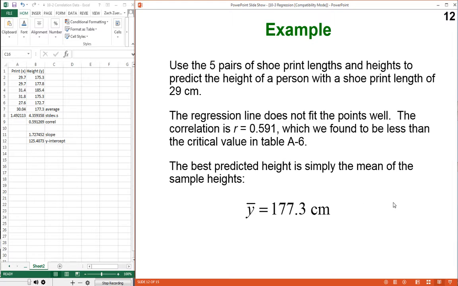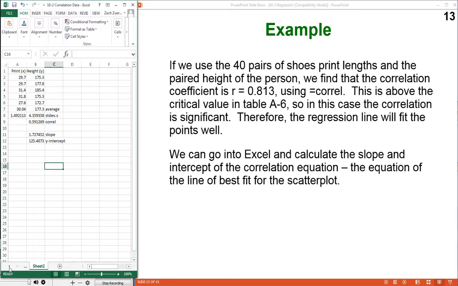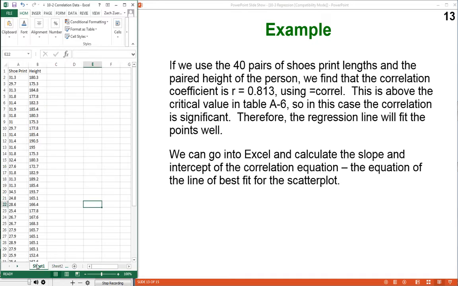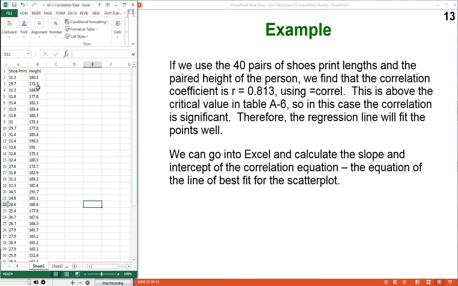And so what we can do is we can go further and use a better data set that actually gives us some significant results. If we go ahead and use a much larger data set, in this case we've got 40 shoe prints, and they're paired with the heights of the individuals that produced those shoe prints.